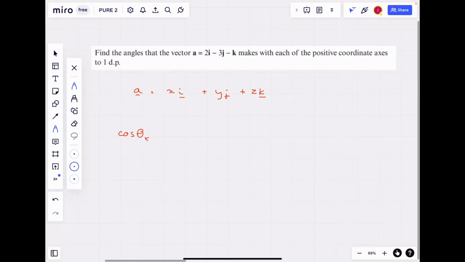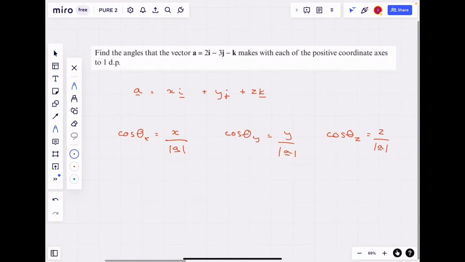So cos theta x is going to be equal to the x coefficient over the magnitude of a, your total vector. Similarly, for cos theta y, it's going to be y over the magnitude of a. Cos theta z, it's going to be z over the magnitude of a.